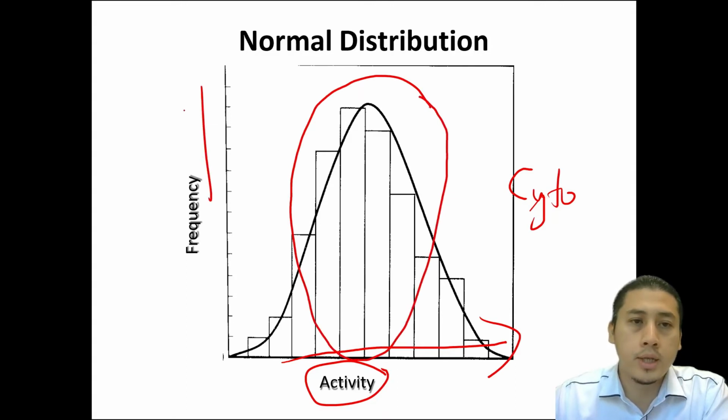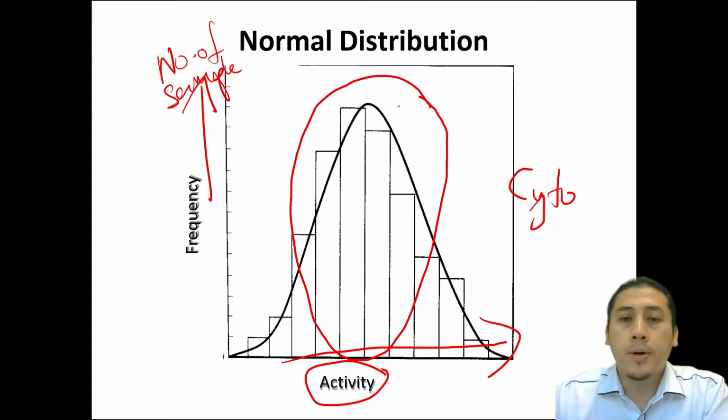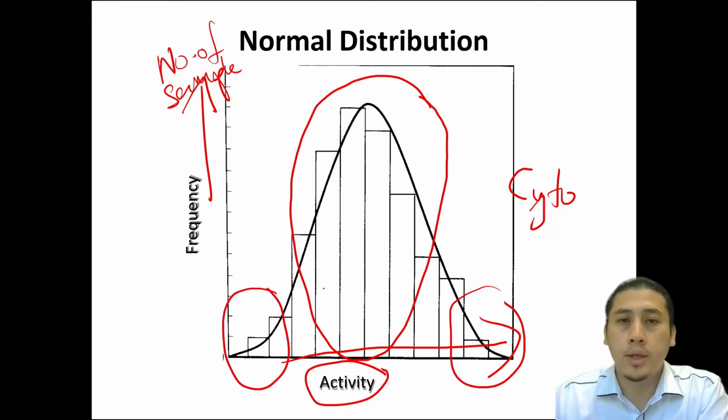The frequency here means the number of people, or number of samples. In a normally distributed population, the majority of the people have this amount of activity. Only a small portion have very high activity or very low activity.